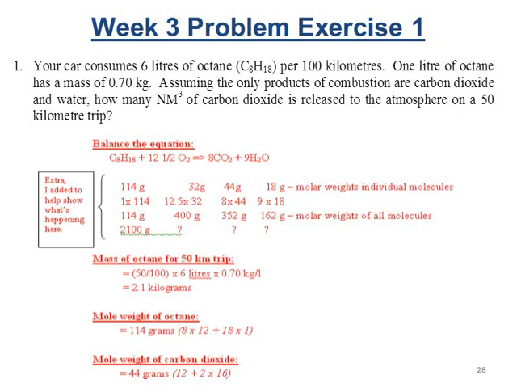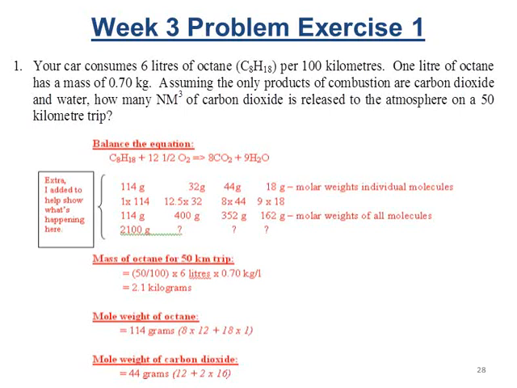So the first step is you need a balanced equation. By what is given, the chemical formula of octane, C8H18, reacts with oxygen. They say that it goes to CO2 and H2O. When you balance the equation, you should get C8H18 plus 12.5 O2 goes to 8 CO2 plus 9 H2O.